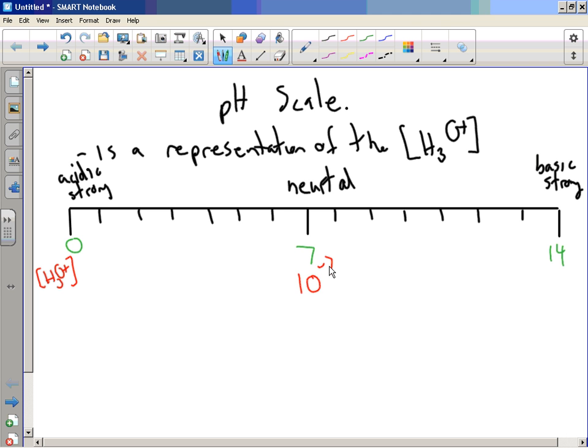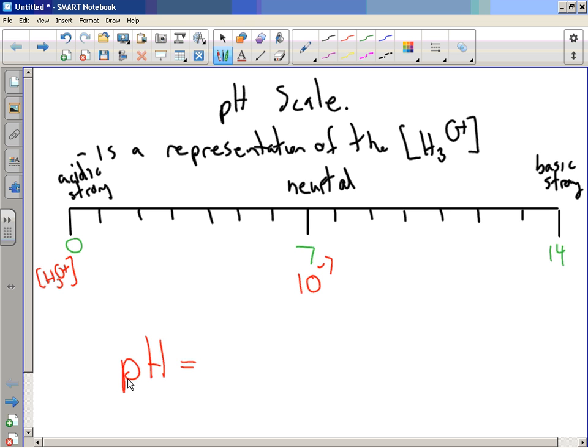Now we've got to learn a little bit about the actual term pH. I'm going to leave some room underneath here, an extra line for my OHs. So way down here, I'm going to write an equation for pH. You may have wondered why you always write a little p and then a capital H, right? Well, the capital H stands for H+, which is what we consider our hydronium ion concentrations.